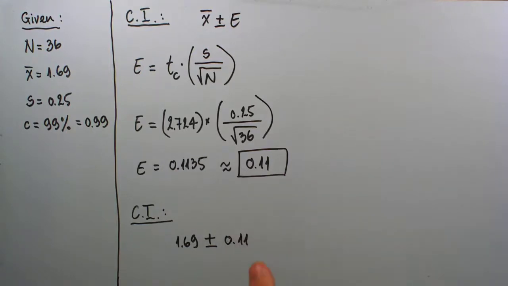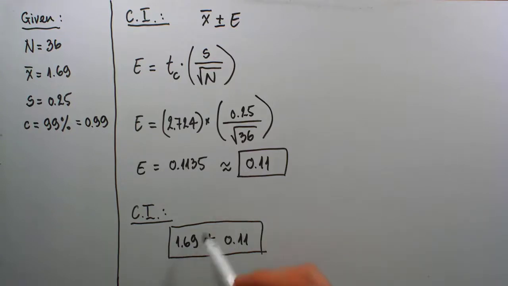And so, in terms of money and currency, this is simply indicating that the actual population mean gas price on that day, June 1st, 2020, is anywhere up and down by 11 cents away from our sample mean obtained on that day being $1.69 here.